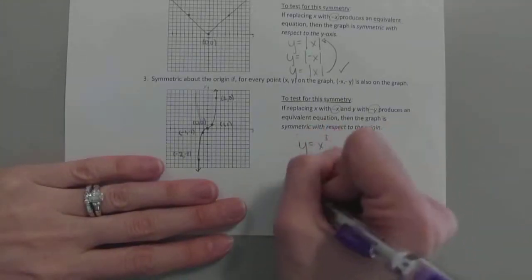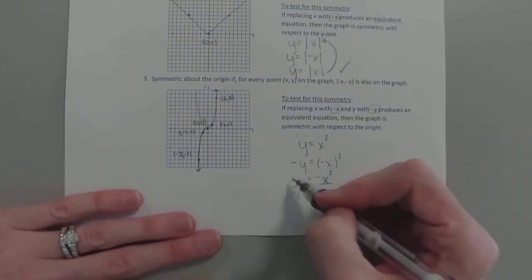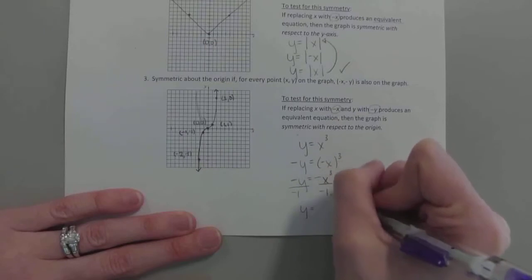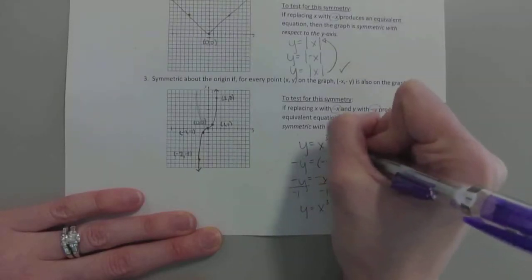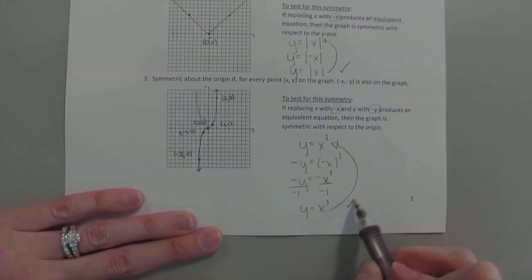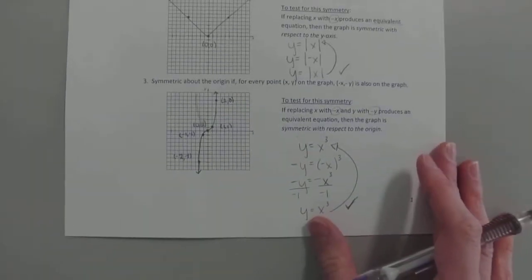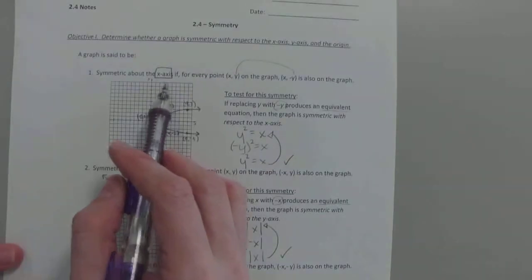But what can I do to both sides to get rid of the negatives? Divide both sides by what? -1. Yep. What happens when you take a negative divided by a negative? You'll get a positive y, and a negative divided by a negative, you'll get a positive x cubed. So again, notice when we replace both the x and the y with their negative equivalents, we got the same. So this is a perfect example of origin symmetry.